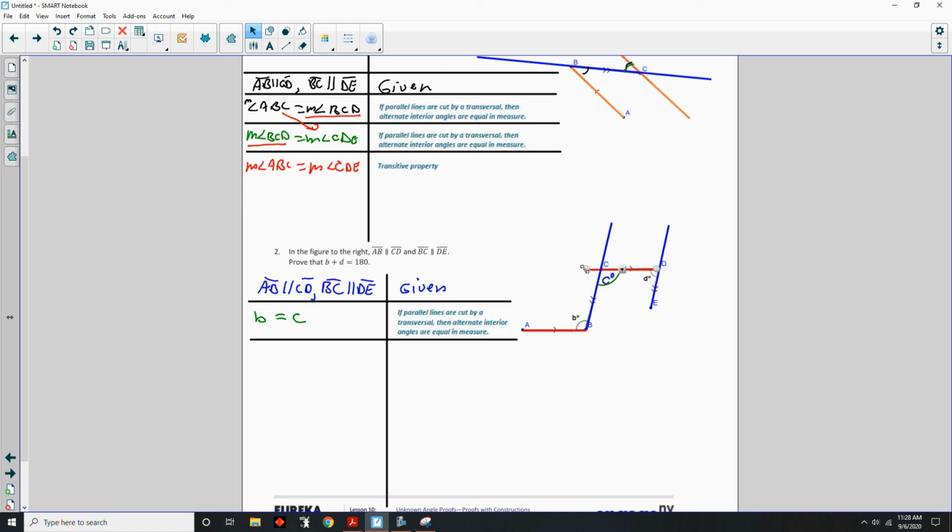And we're focusing on this transversal. So now we're making the red segment CD longer, and that's a transversal to BC and DE, which are parallel. And now focus on angle C and angle D. And when we do that, they're same side interior angles. So I can say C plus D equals 180 degrees.